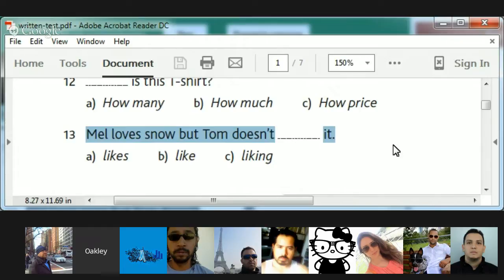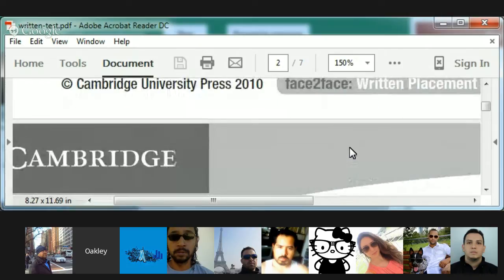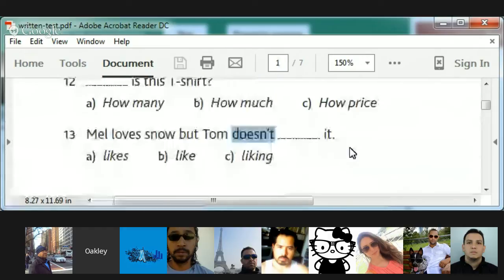Mel loves snow, but Tom doesn't like it. Okay, just again using the negative. Negative, simple present, we have to use doesn't, and that is correct. That is proper use. Teacher, I have a question. Shoot. Did you ever use how much is this t-shirt worth?